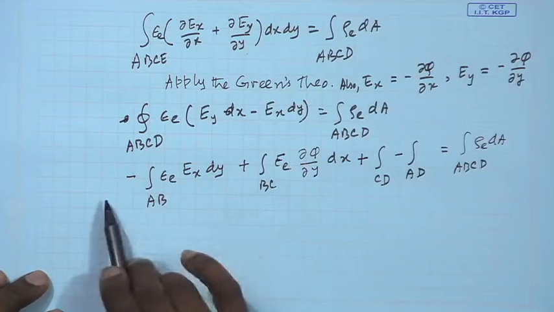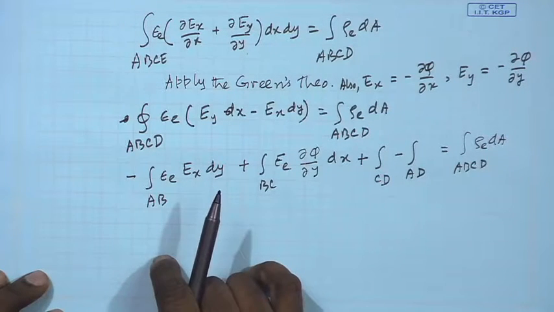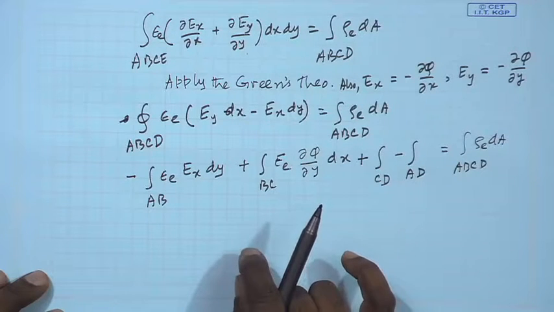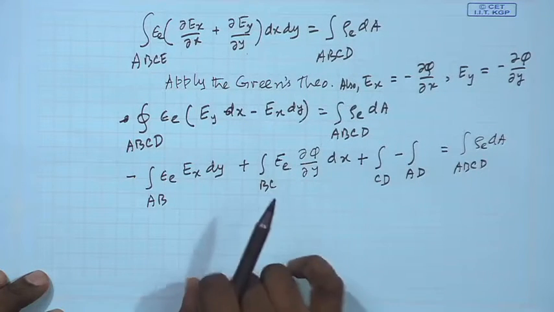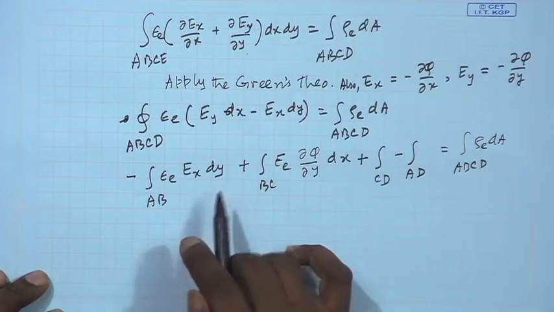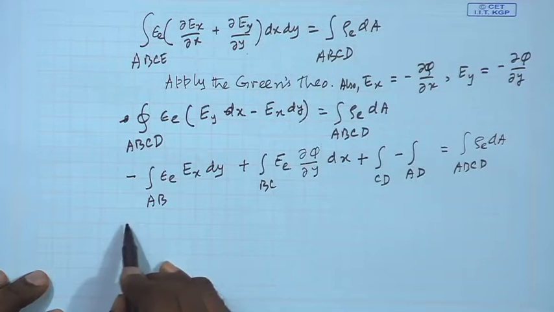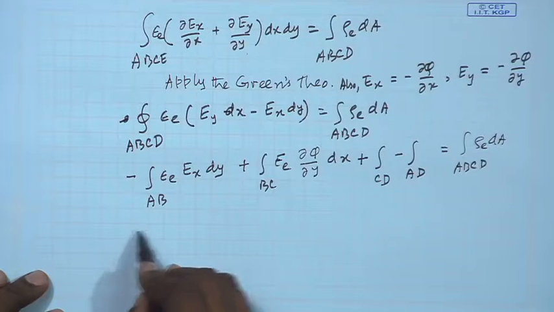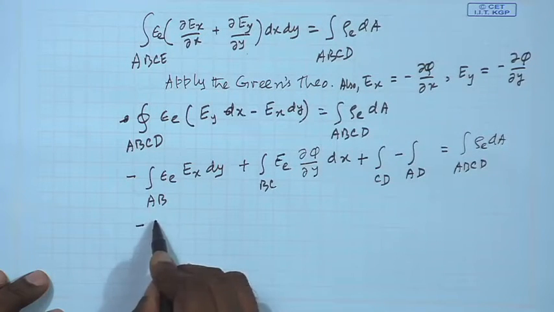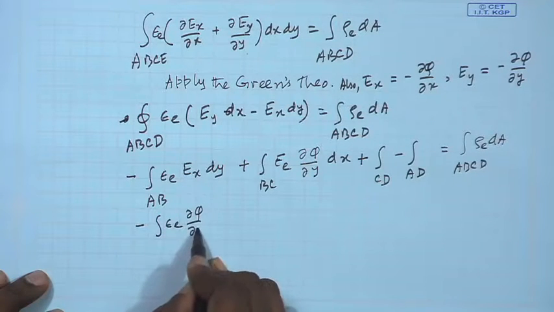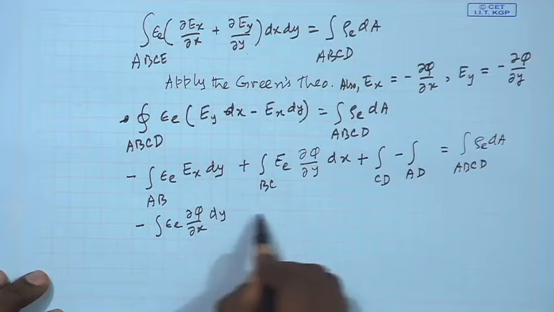Now AB here, if we have taken, this is in the other direction, because this is the direction over which dy is decreasing, because we are taking y vertical. So this will be a negative sign: epsilon E del phi del x dy.